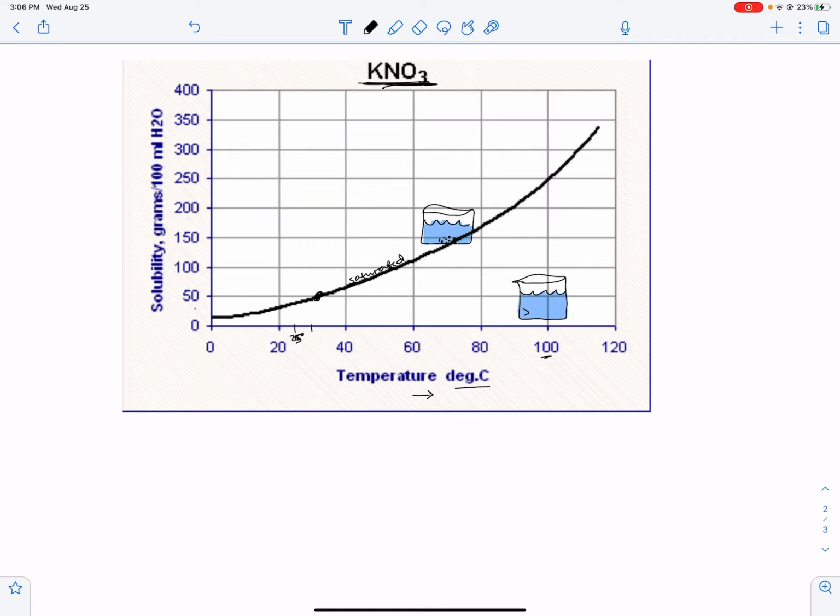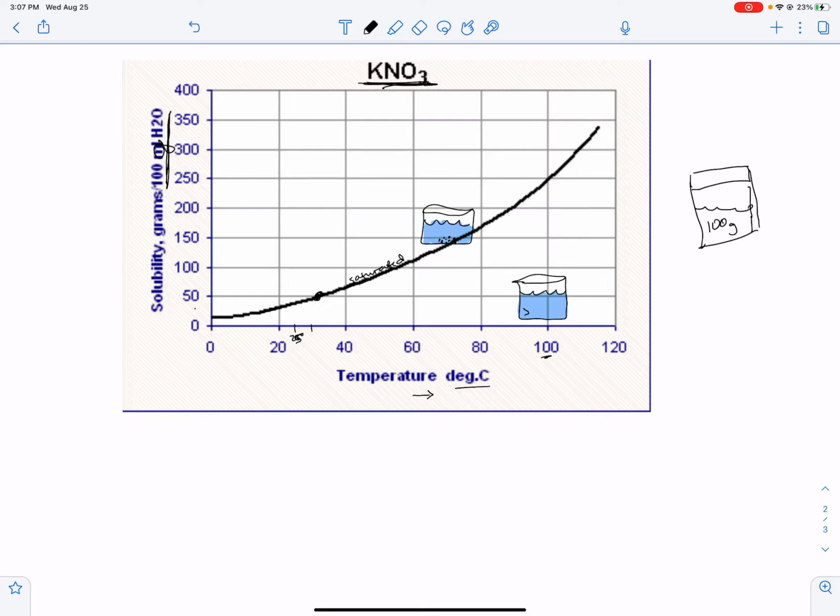And then if we look at the y-axis, now this is a little bit different. First of all, we have 100 milliliters of water. Remember, 1 milliliter equals 1 gram. So that's the same thing as saying 100 grams of water. So we've got a beaker, and in that beaker we've got 100 grams of water already.